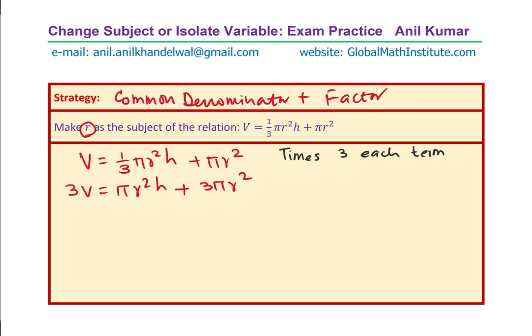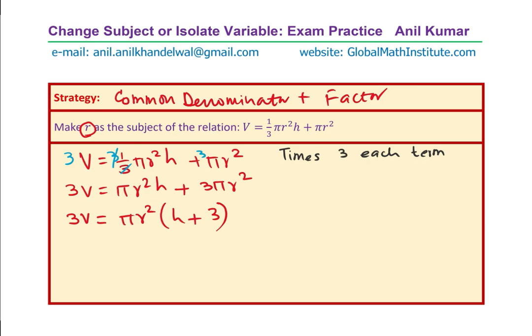So these 3's cancel. You get pi r square h in this case, but you get 3 in the other place. Perfect. And now you can factor out r square and pi. Those are common, right? So we can rewrite this as 3V equals pi r square, and we have (h plus 3).